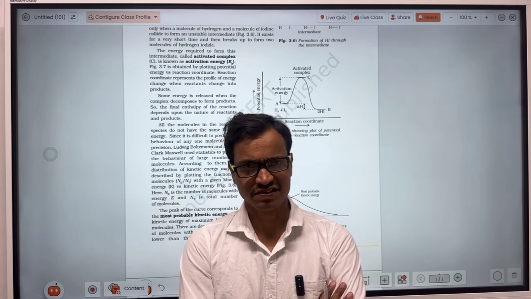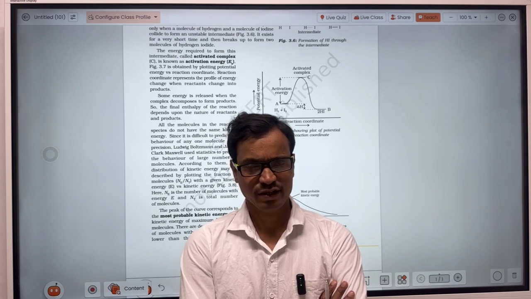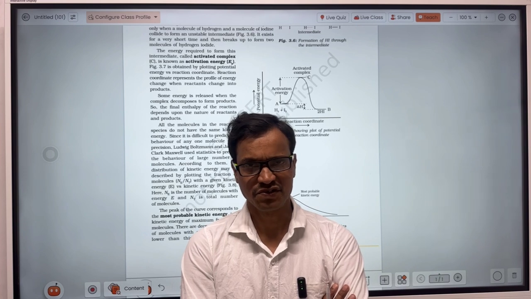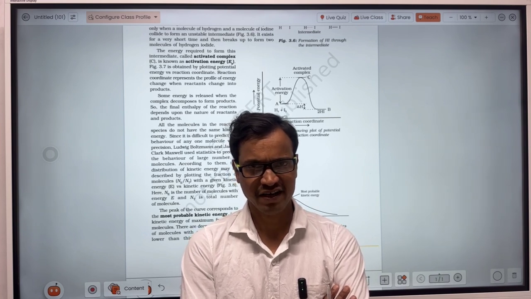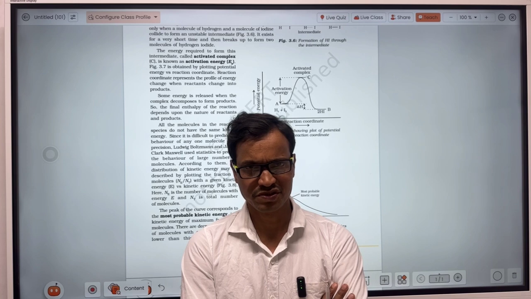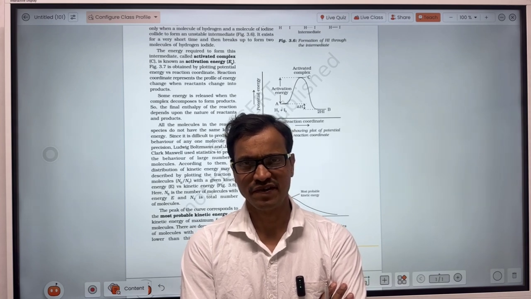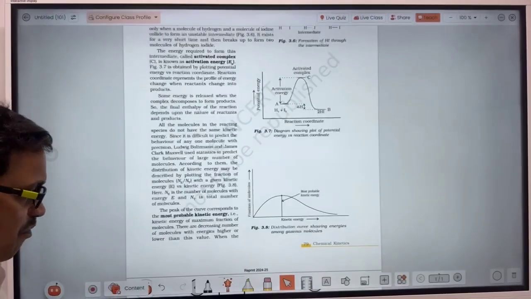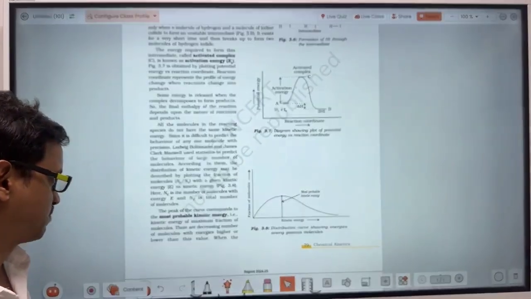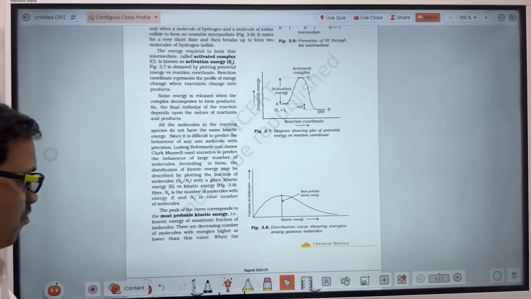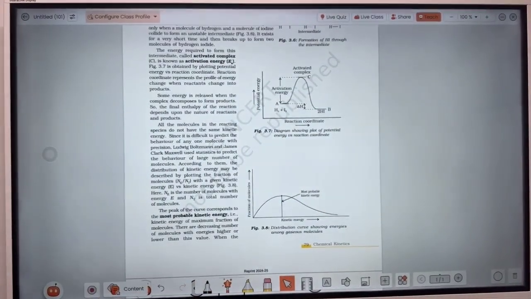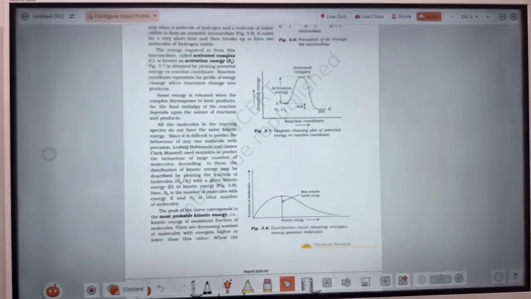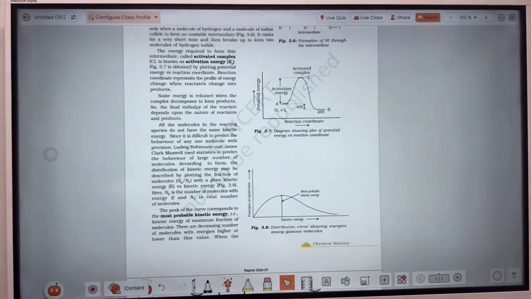The most probable velocity was the velocity possessed by the maximum gaseous molecules. In the same way, the kinetic energy possessed by maximum molecules, maximum reactants, will be called most probable kinetic energy.